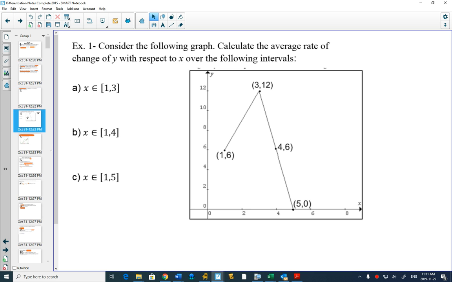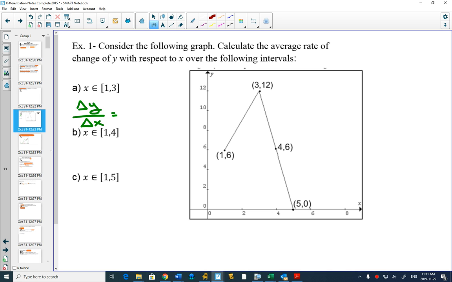So we've got this situation here, 3 points, and we can calculate average rates of change from one point to the next. So if your x values go from 1 to 3, okay, and your rate of change or your slope is your change in your y values divided by your change in your x values.